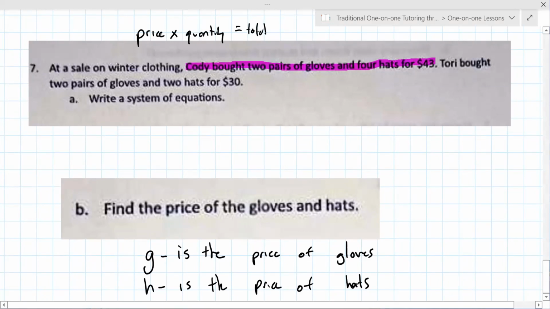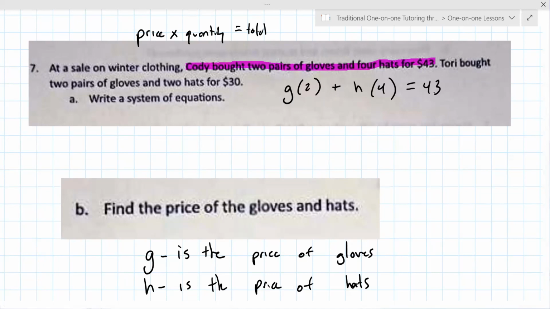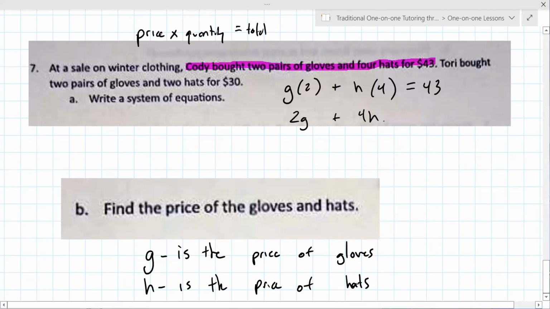But this time the price is the variable. So it's like G times 2, because you bought 2 pairs of gloves, plus H times 4 is 43. That's a little awkward because we want the number to come before the variable, but if you write it out this way, you can just say, okay, it's 2G plus 4H equals 43 in the next line. You can rewrite it.